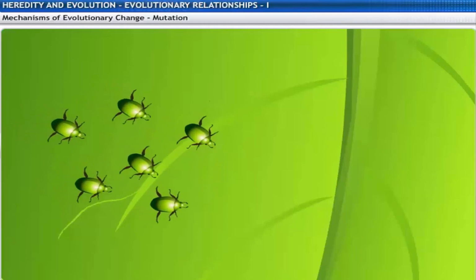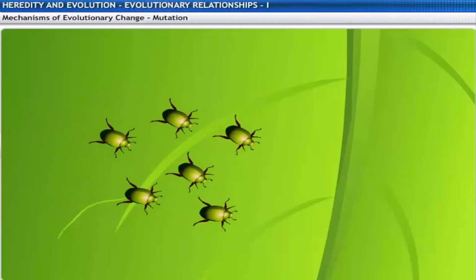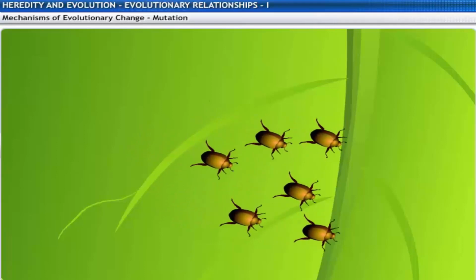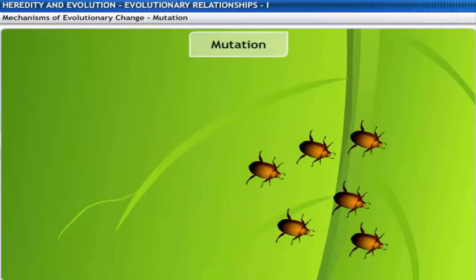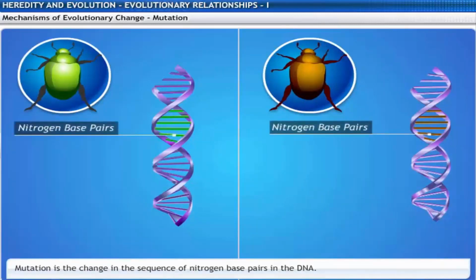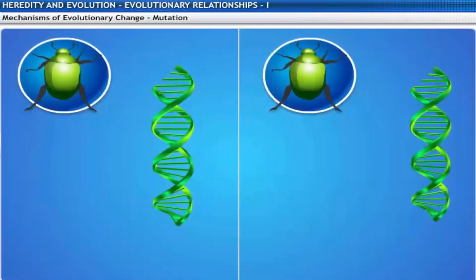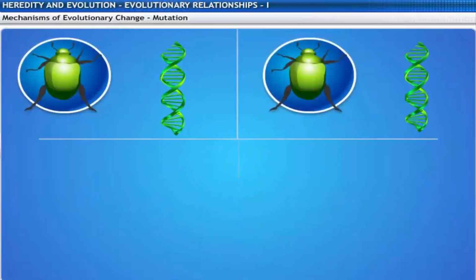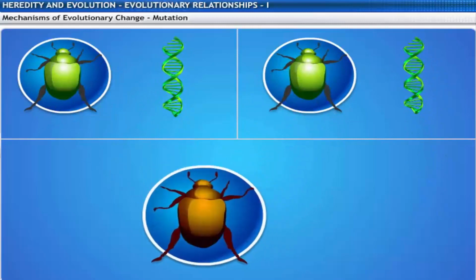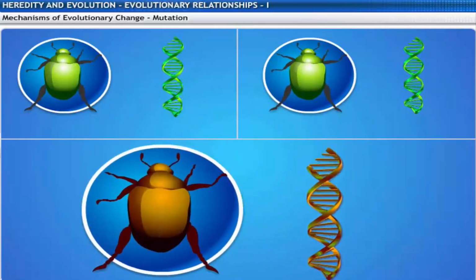A green beetle population turning into brown beetles through an evolutionary change is called a mutation. A mutation is a change in the sequence of nitrogen base pairs in the DNA. A mutation in the gene for green coloration in green beetles leads to offspring with brown coloration.